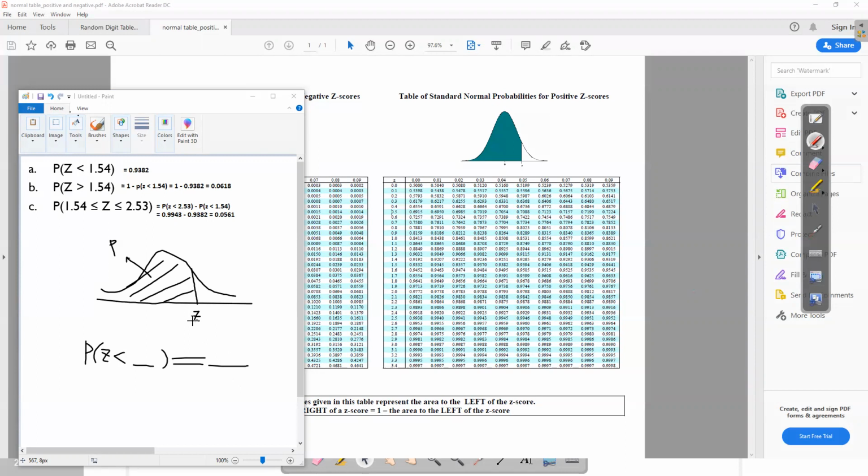Whatever Z you're looking for goes here, whatever P for the matching pair goes here.